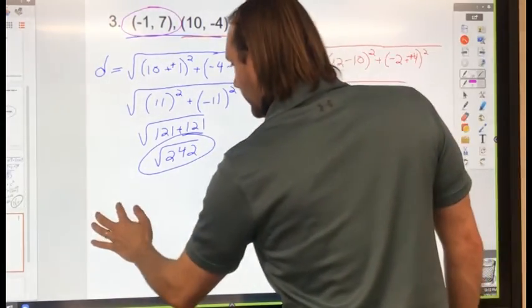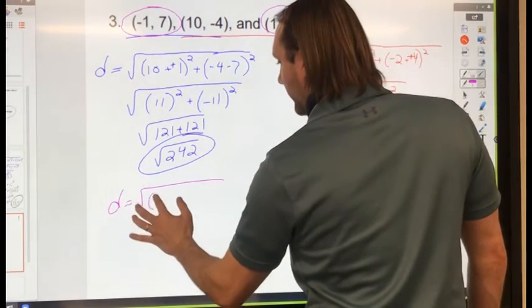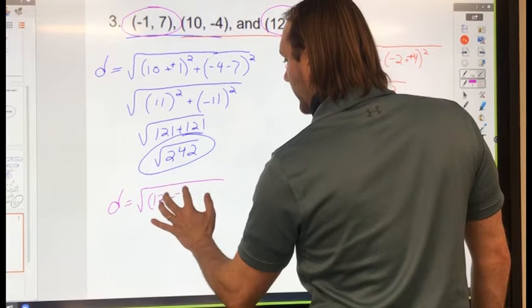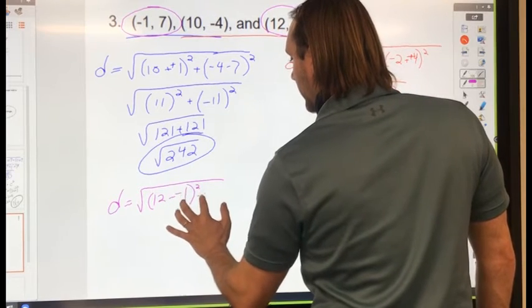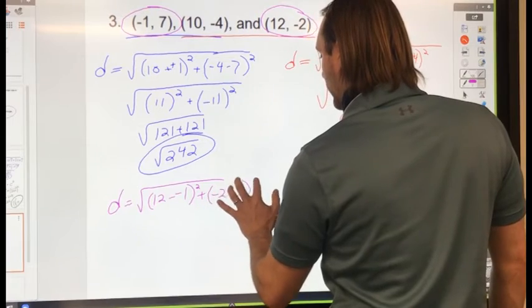And last but not least, let me look at these 2 points. So d equals the square root of that x difference, so 12 minus a negative 1 squared, plus my y difference, negative 2 minus 7 squared.